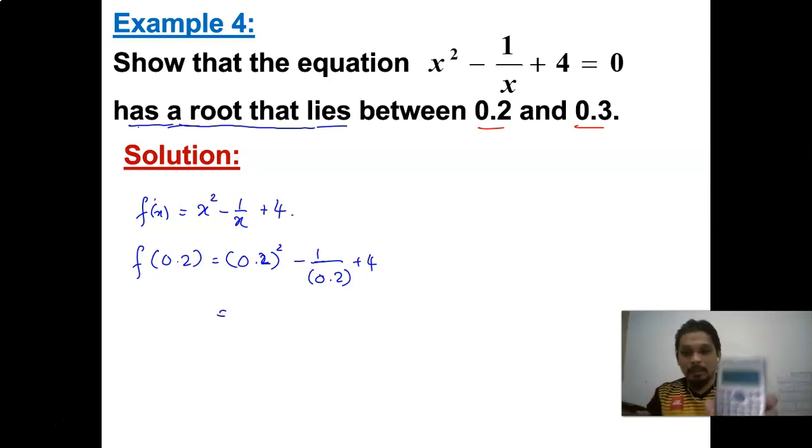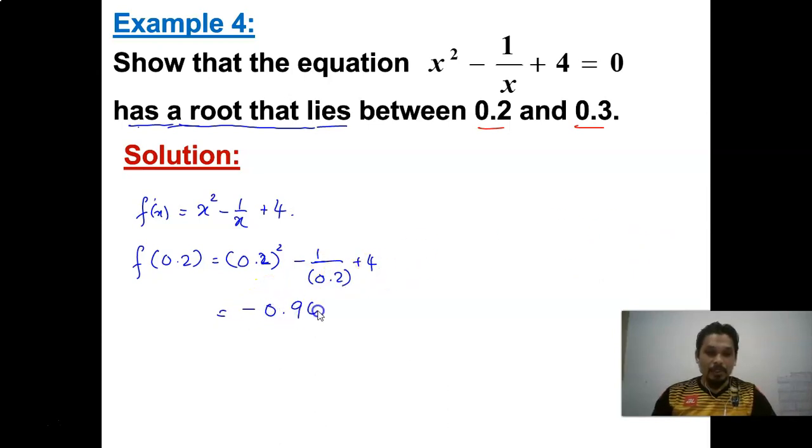Okay, I'll try by myself using this. You use your calculator to key in all this and press the equal button. It gives us negative 0.96. Okay, and this is negative, which is less than 0.